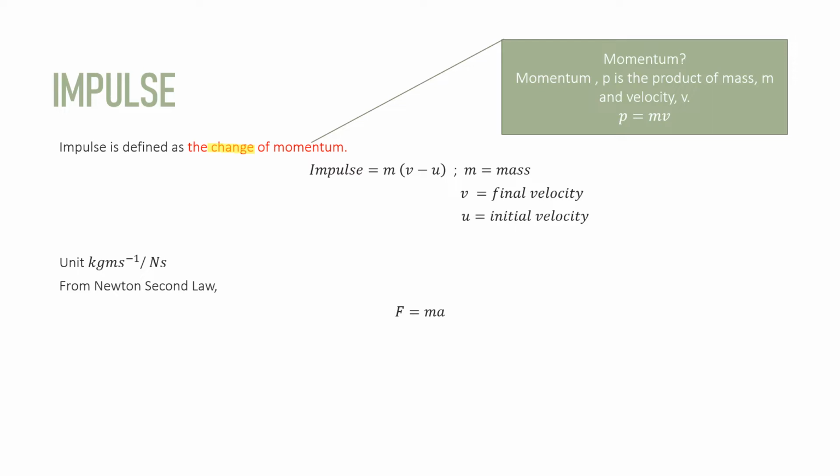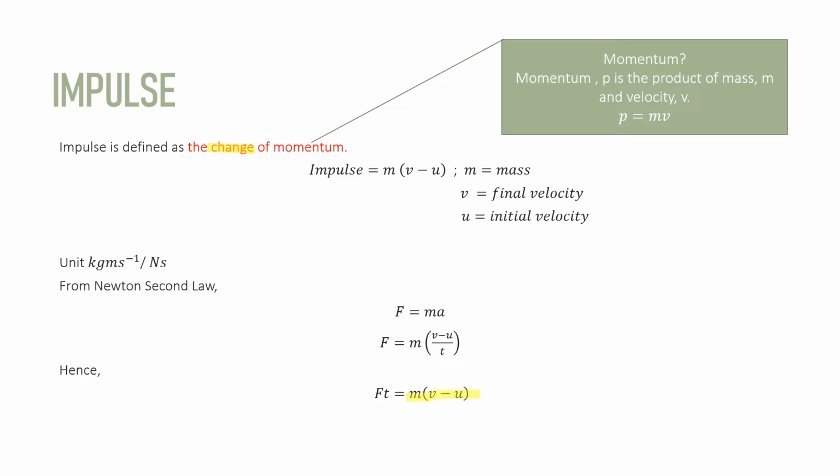Then the formula we get will be F equal to m(v - u) divided by t, where F is the force, m is the mass, v is the final velocity, u is the initial velocity, and t is the time. Let's bring the t to the other side. Hence, the arrangement of the formula will be F times t equal to m(v - u).